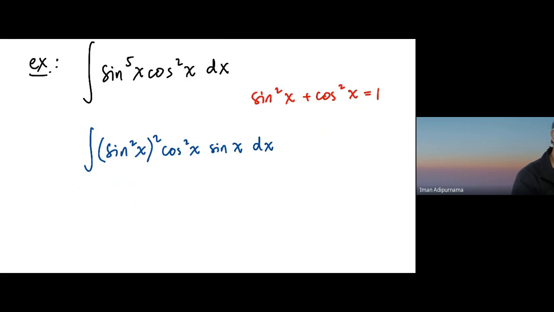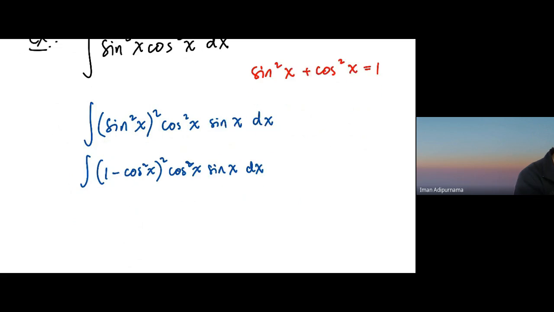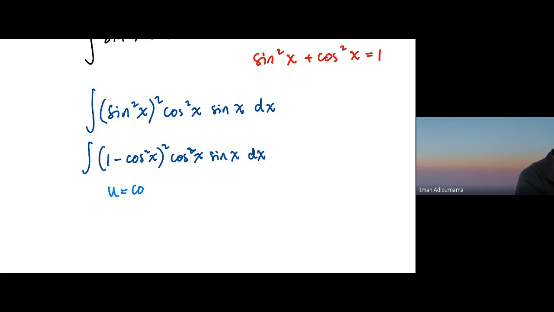So taking this into 1 minus cos squared x. Let me just write this first. And taking u as cos x, and du is negative sine x dx. So we will have a minus, right?